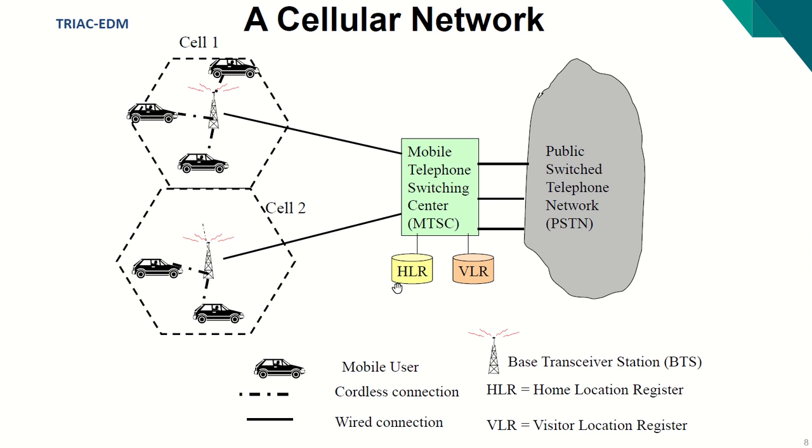And then of course, hinged on the switching center are the home location register and visitor location register, which are databases to register the information of the users, so that when the users have location information or configuration information, they will all be registered in those databases.